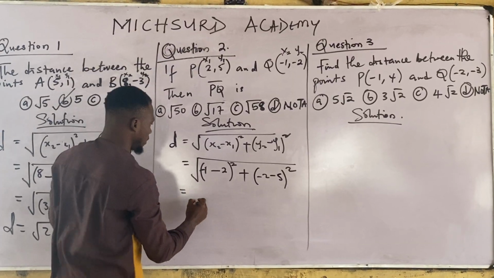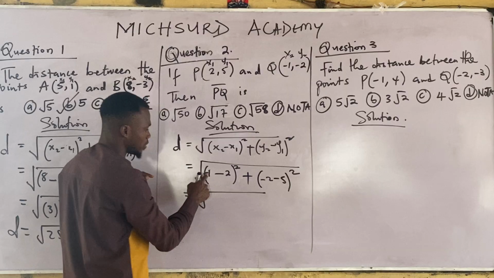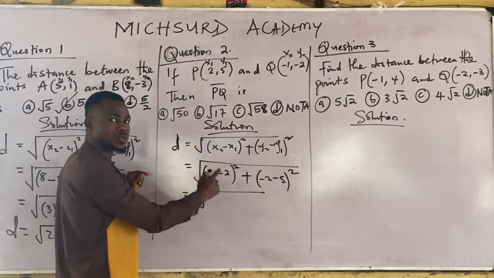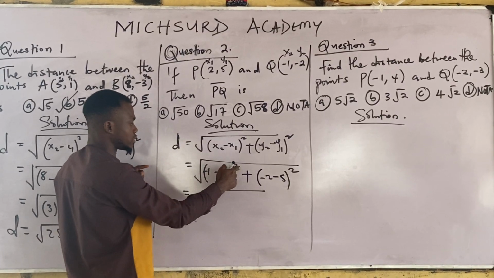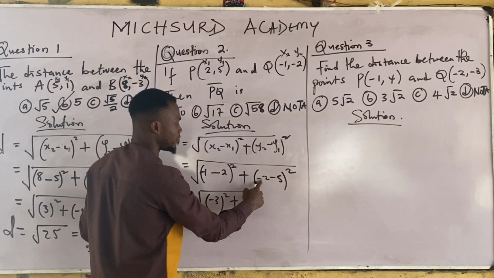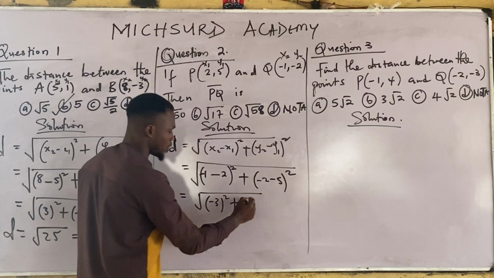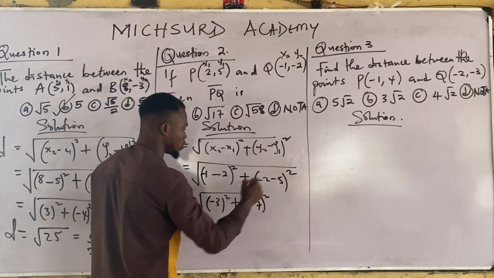If we solve this, this will give us square root. Minus 1 minus 2 will give us minus 3, so we have minus 3 all squared plus, here we have minus 2 minus 5 will give us minus 7, so minus 7 all squared.